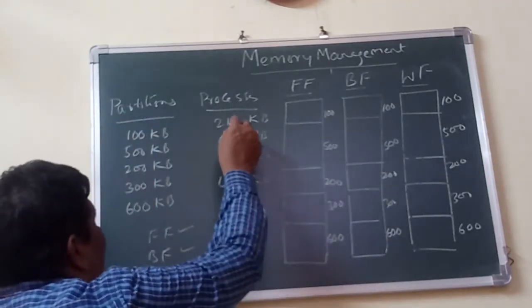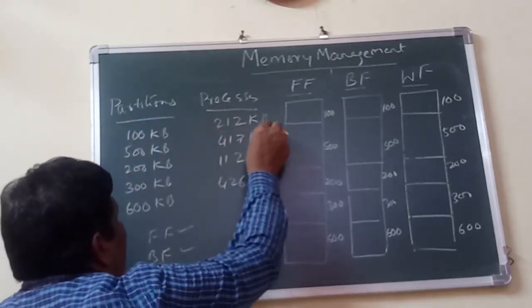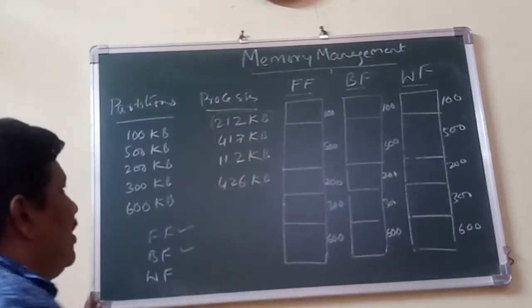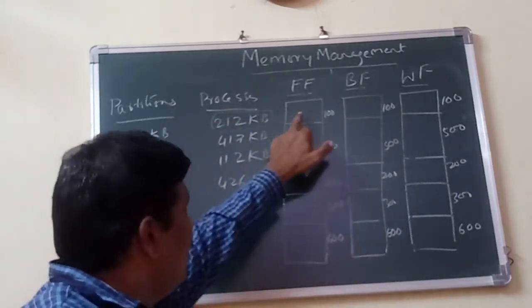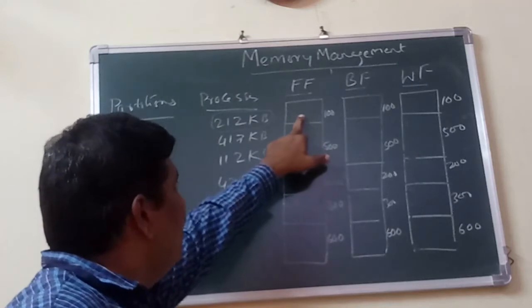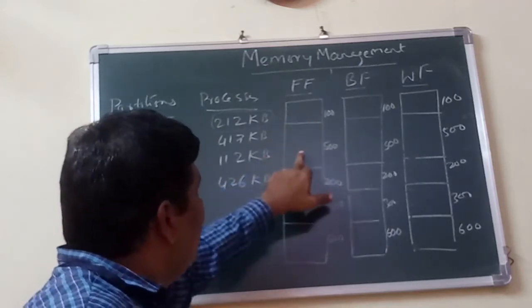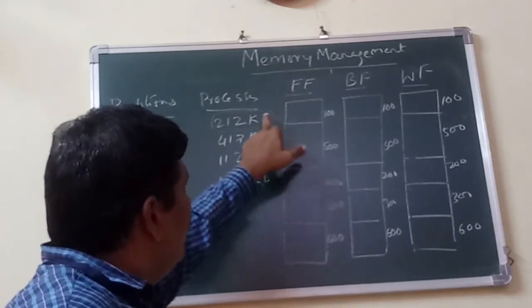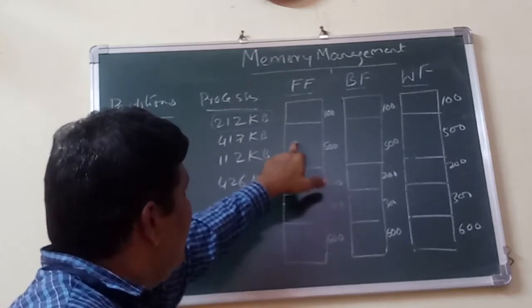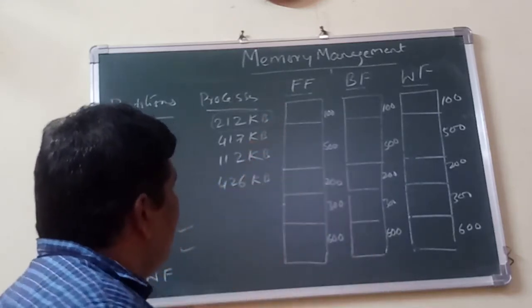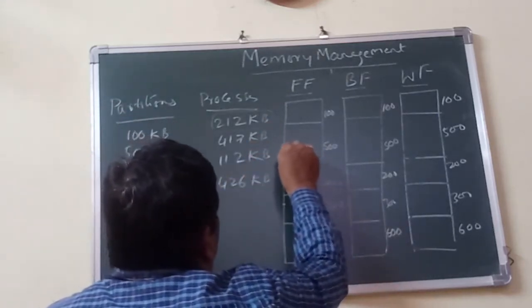Now the first process requires 212 kilobytes. Here we have 100 kilobytes, so we cannot accommodate it. Here we have 500 kilobytes. First fit is the first partition that can accommodate this process, so we can accommodate it here.